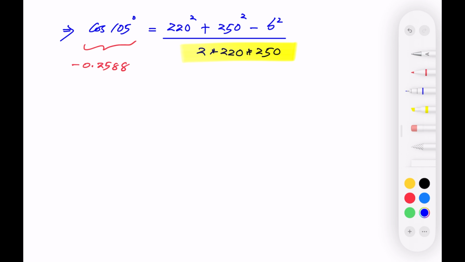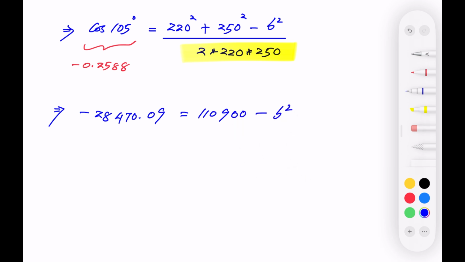Then on the left hand side, I will have negative 0.2588 times 2 times 220 times 250, which is equal to negative 28,470.09. This is equal to 220 squared plus 250 squared, 110,900, minus b squared.